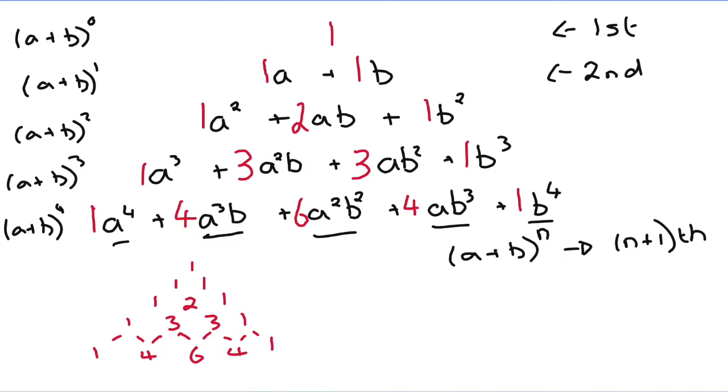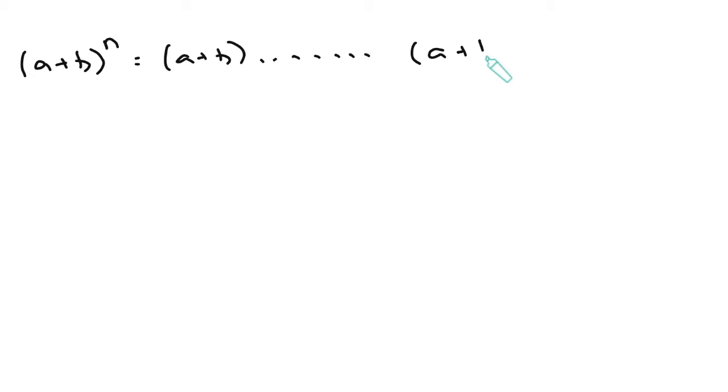So let's just take a little look to check that we're absolutely sure we understand why this is. Let me have a new page like this, because effectively if we've got (a plus b) to the n, what have we got? We've got a plus b, and we've got n lots of brackets, both with an a and a b in.